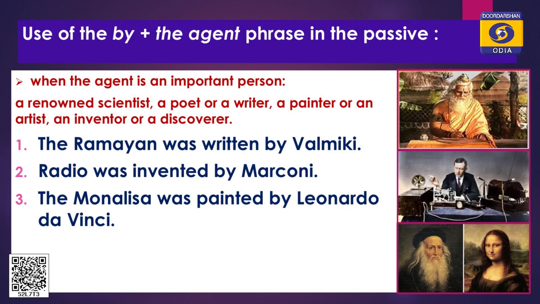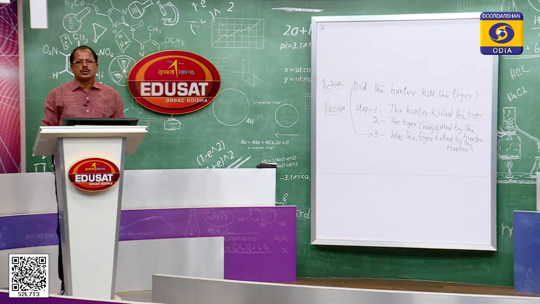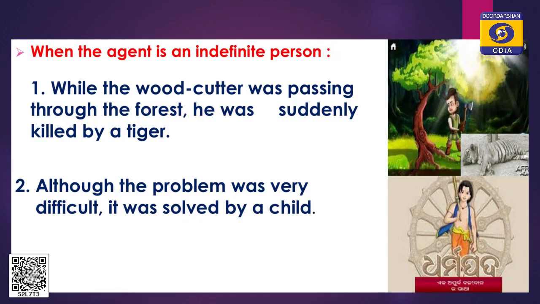The Mona Lisa was painted by Leonardo da Vinci, right, and this painter is also one of the greatest painters of the world. So, we have to use this by agent form. We must say the Mona Lisa was painted by Leonardo da Vinci, right.